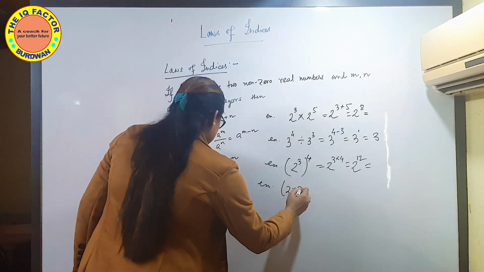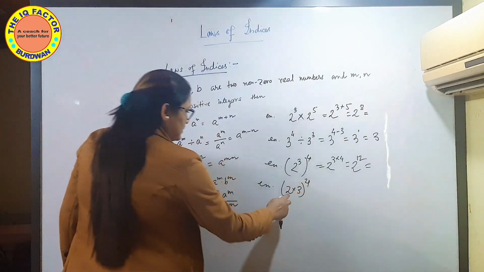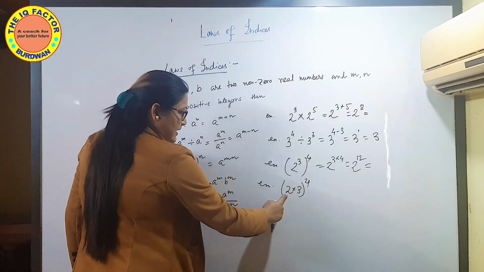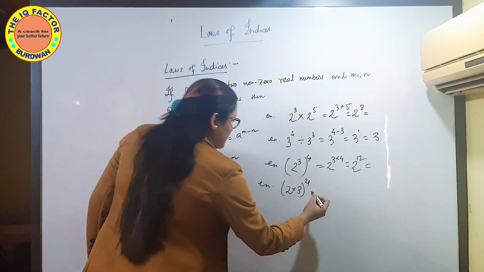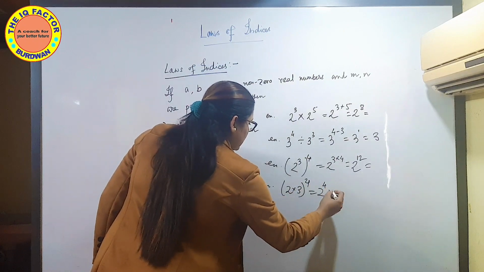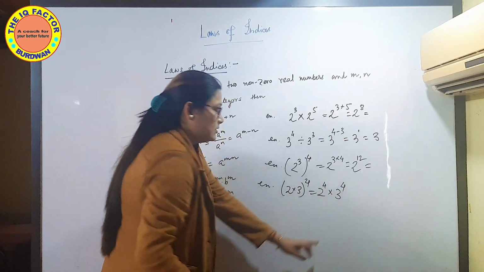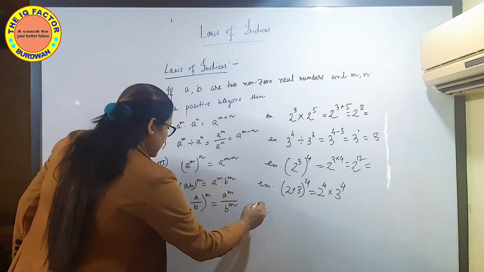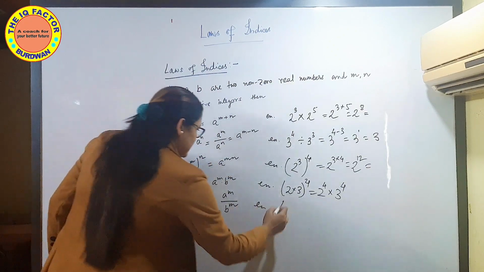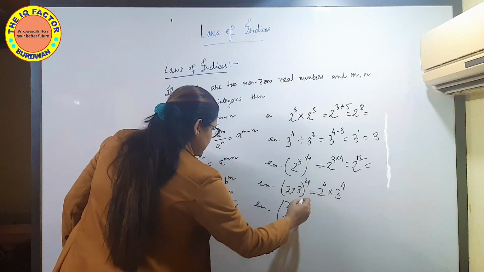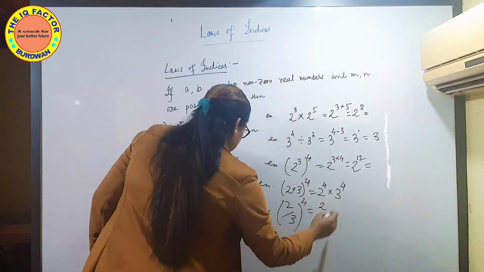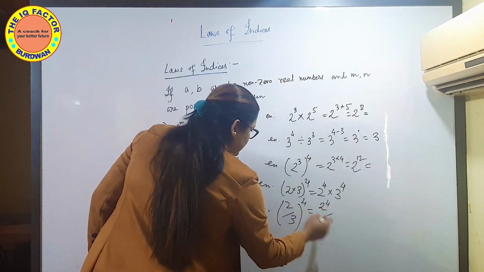Suppose 2 into 3 whole to the power 4, where 2 is a, 3 is b and 4 is m. That is 2 to the power 4 into 3 to the power 4. We can calculate so easily. And for example, the same, 2 by 3 whole to the power 4, 2 to the power 4 by 3 to the power 4.